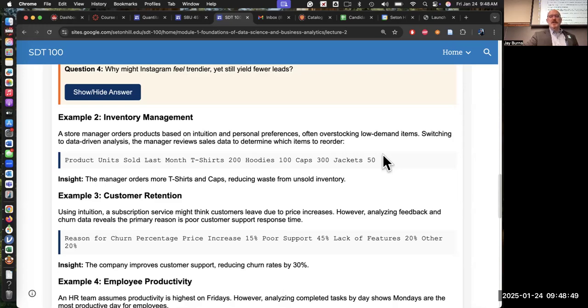If these are the amounts that were sold last month, which item would you say should have more purchased? T-shirts and caps, 100%. Those are the items that were sold more.